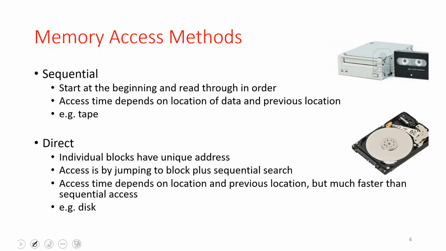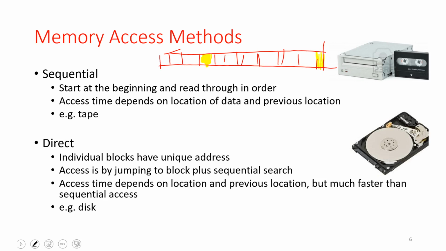So if we take a tape, for example, and say this is the tape that we have, and we have various files and data written on that tape, and say we want to access the file that is here and then access the file that is here.